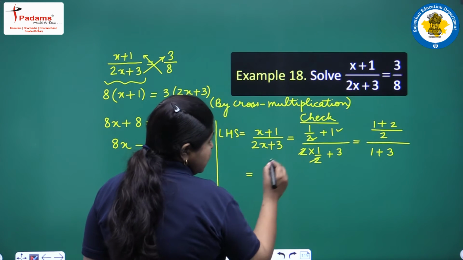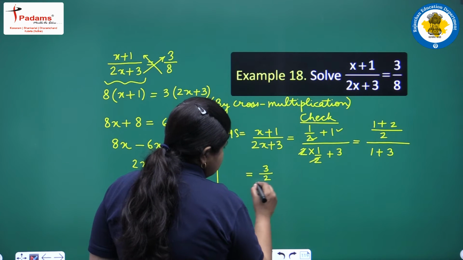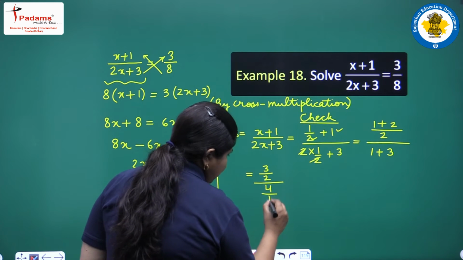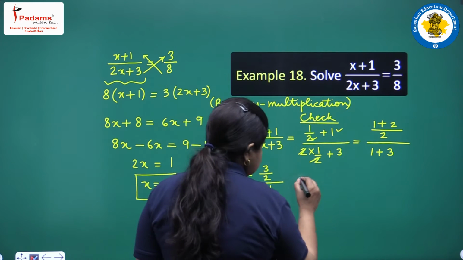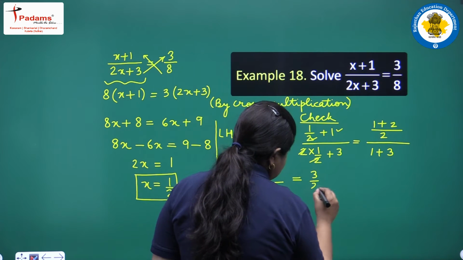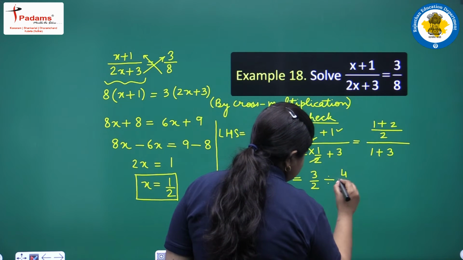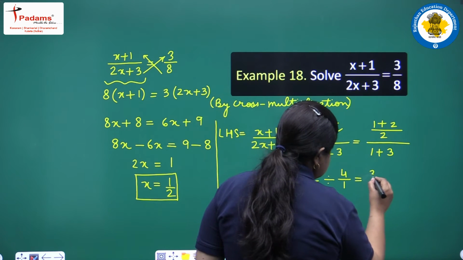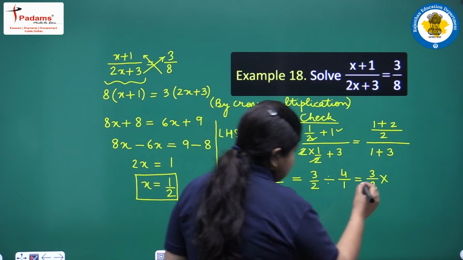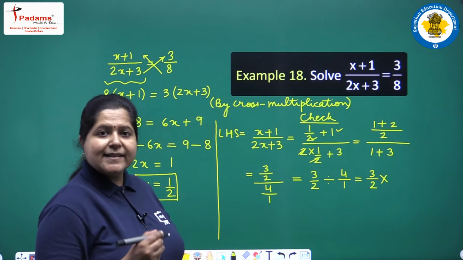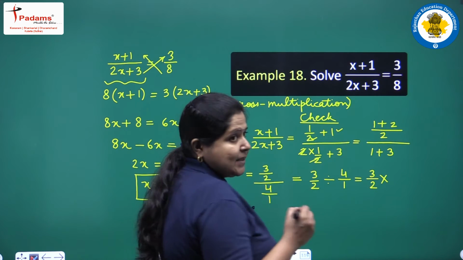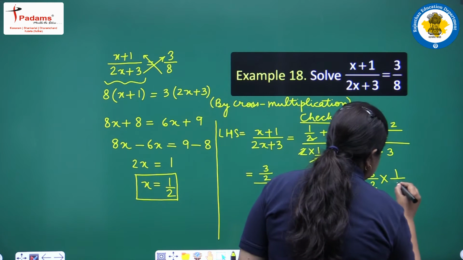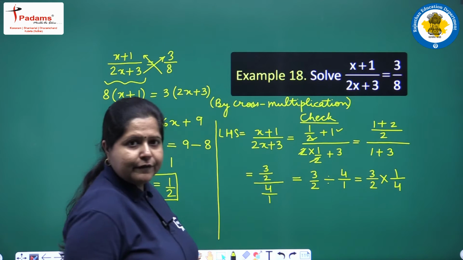This gives us 3 upon 2 upon 4. Now this 4 can be written as 4 upon 1. Again we can write it as 3 upon 2 divided by 4 upon 1. Again this division will be changed into multiplication, and this 4 upon 1 we take its reciprocal. What will be the reciprocal of 4 upon 1? Yes, 1 upon 4. We studied in chapter 1, 1 upon 4.